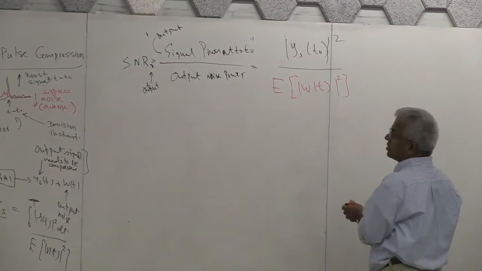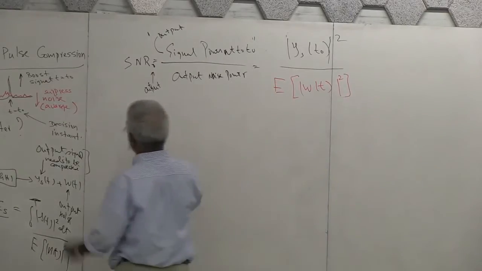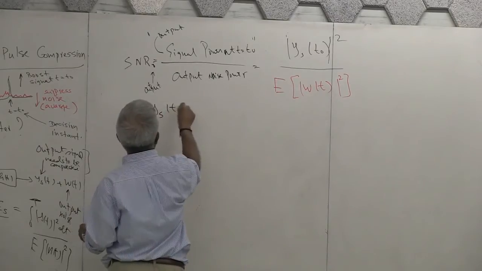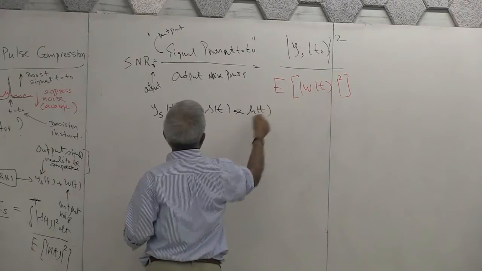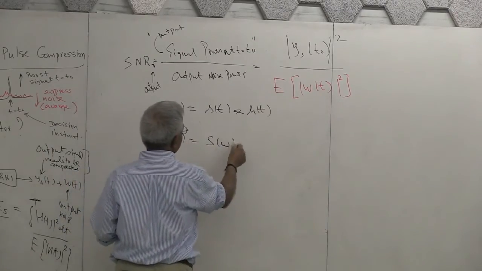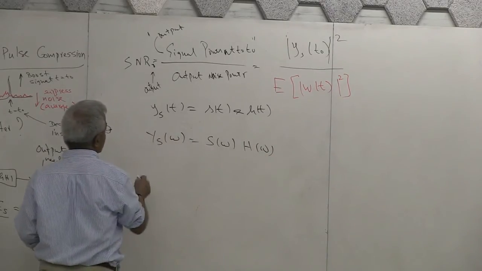All right, now what is the output? y_s(t) is, of course, the original signal convolved with h(t), so Y_s(omega) is the signal multiplied by H(omega).